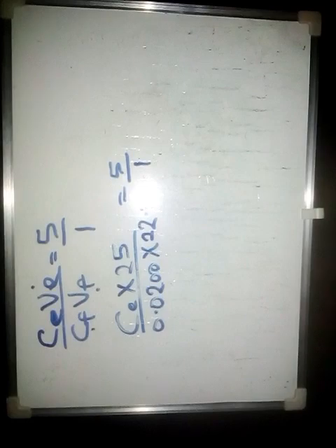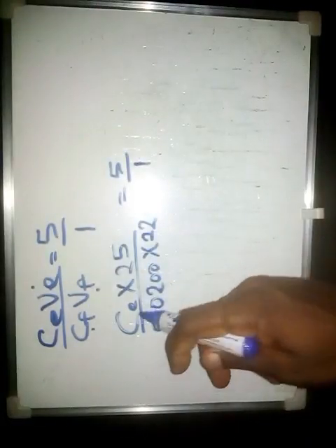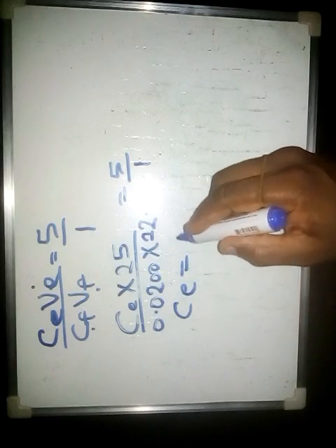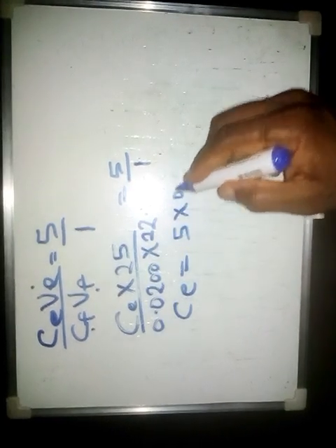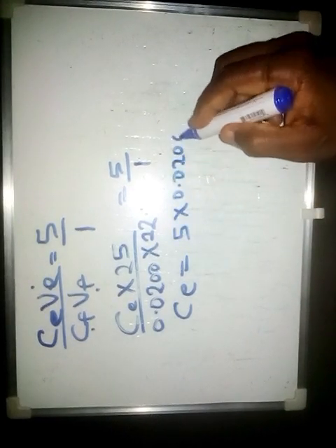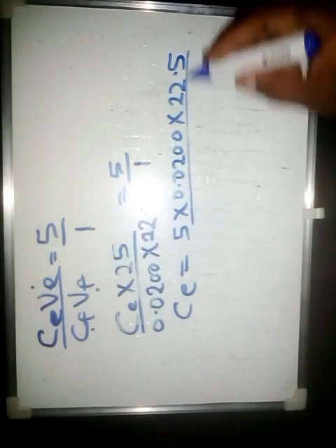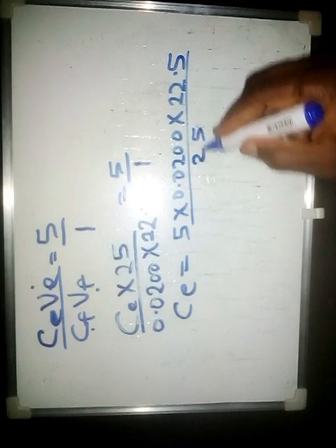You just cross multiply and make this one the subject of the formula. At the end of the day, you get something like this: 5 times 0.0200 times 22.5 over 25.